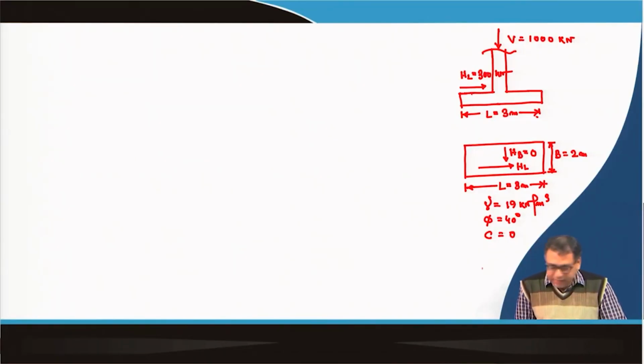Before we solve this question, one more thing I want to mention: this is a rectangular footing. Sometimes you will find that we test the soil sample in triaxial, and then we get a phi value that I want to use.